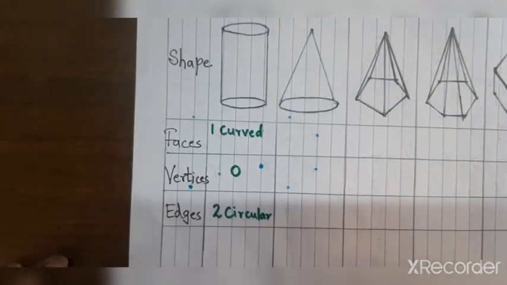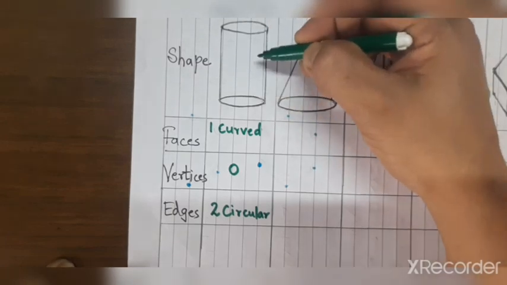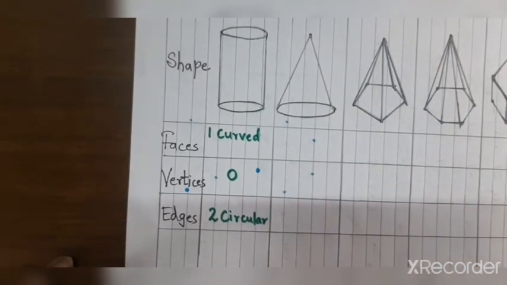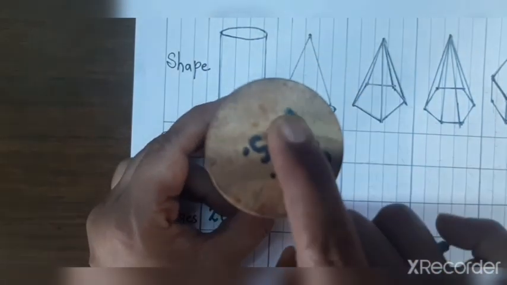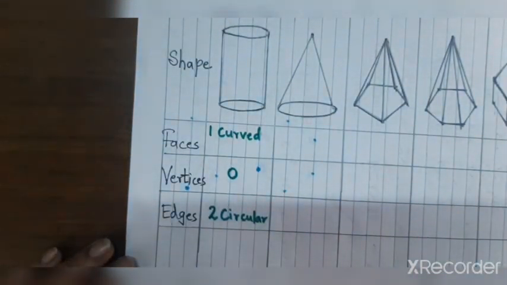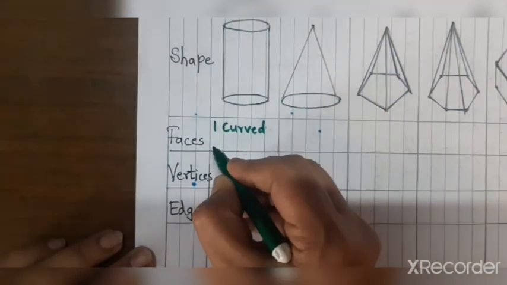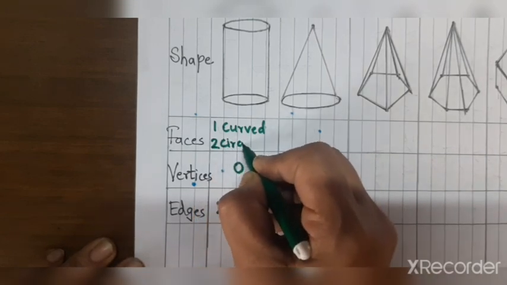Clear? Now when we are writing faces, we have written one curved face, but it also has two circular faces. If you see the cylinder, it has one curved face, but it has two, top and bottom. There are two circular flat faces, even that we can mention.